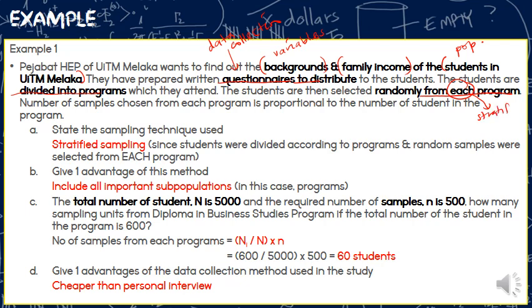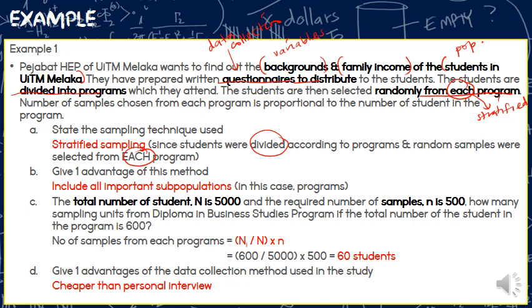Stratified. So, kalau soalan tanya, state the sampling technique used. Stratified sampling. Kenapa? Student were divided according to programs. Random sample is selected from each program.